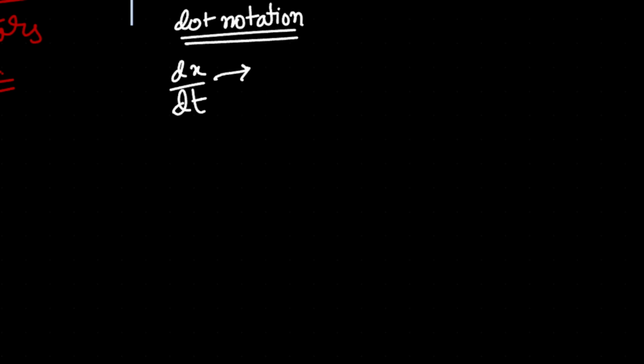If x has to change with respect to time, the first derivative, then you put one dot over its head. If you have to define the second derivative of that x, then you put two dots. So this is known as the dot notation that we will be using later in the series.